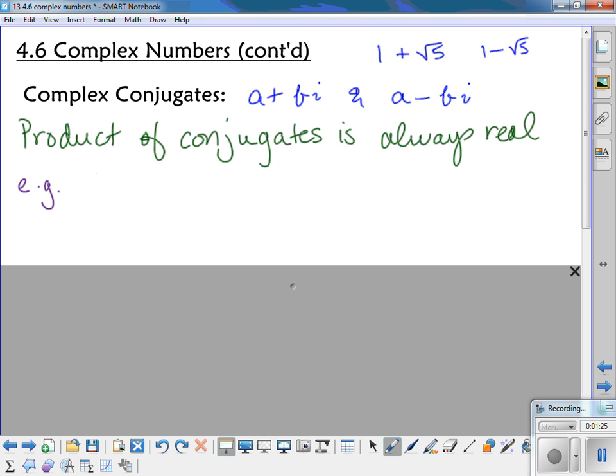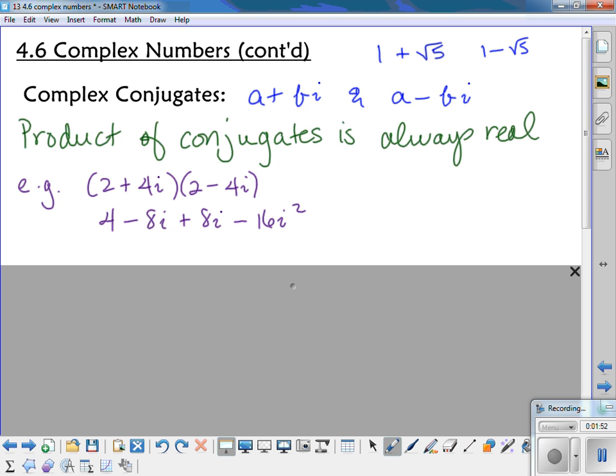So for example, if I have 2 plus 4i times its conjugate, 2 minus 4i. Okay, if I multiply it together, 2 times 2 gives me 4. 2 times negative 4i gives me negative 8i. 4i times 2 gives me positive 8i. And then 4i times negative 4i is negative 16i squared.